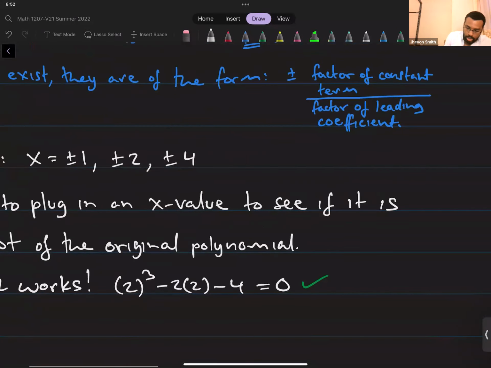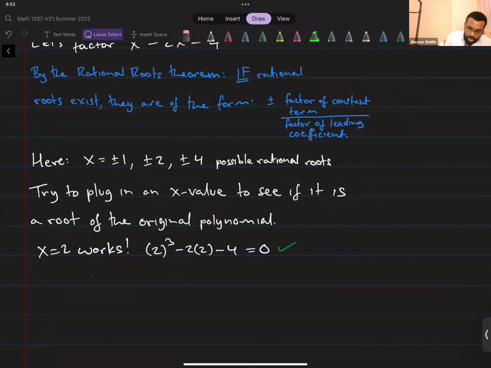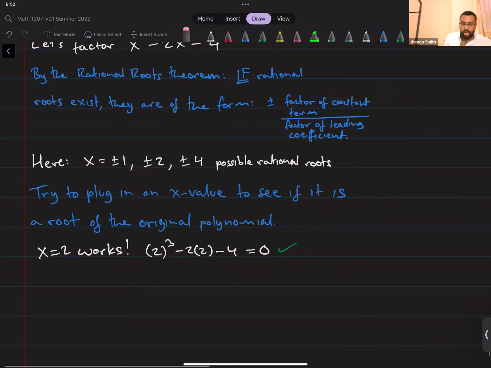Here, these are the possible rational roots, and you're going to try to plug each of those into that cubic to see if it's a 0. And notice that x equals 2 works.